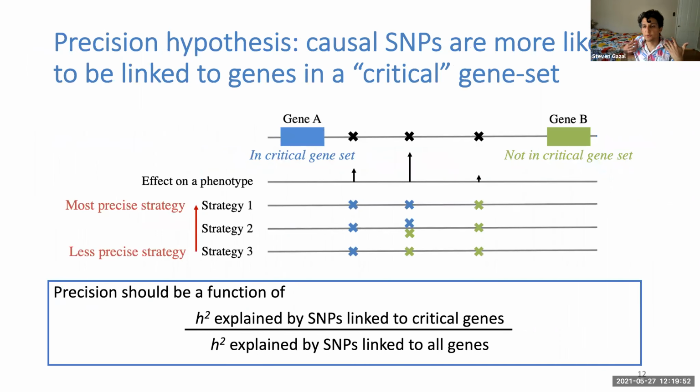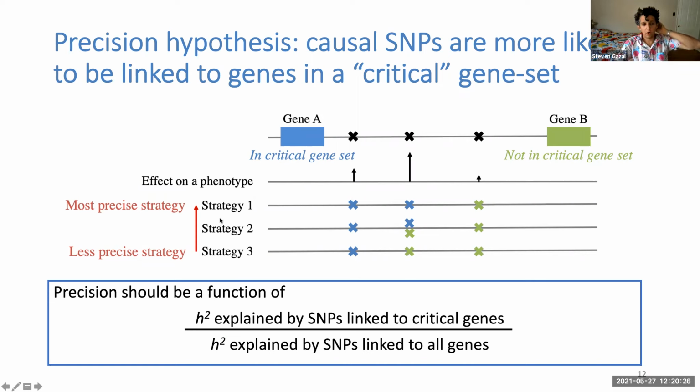To estimate this precision, we made a hypothesis. If we are in a region like this one with several SNPs, each SNP will have different effects on some phenotype. If we have some a priori on the genes, for example, we are looking at schizophrenia and we know that gene A is expressed in brain and gene B is not, we'll say that gene A is in a critical gene set.